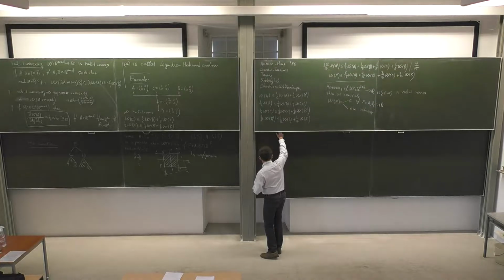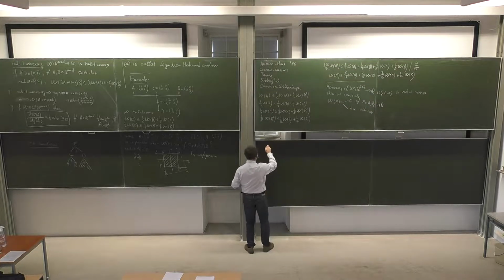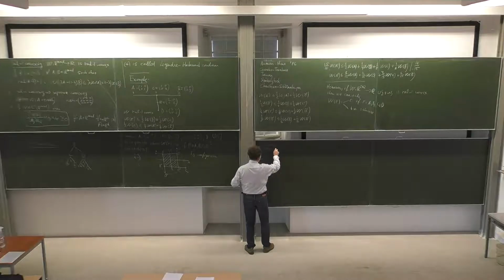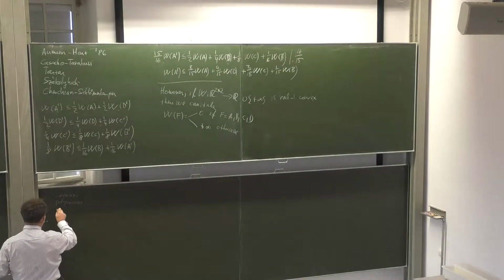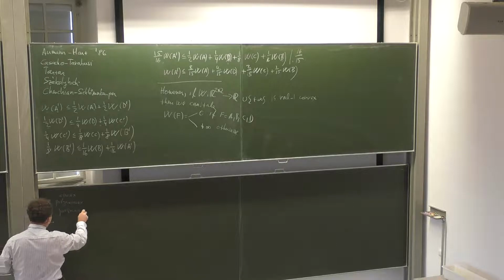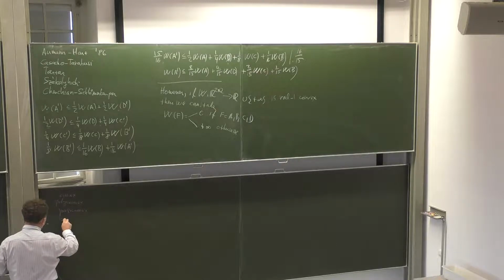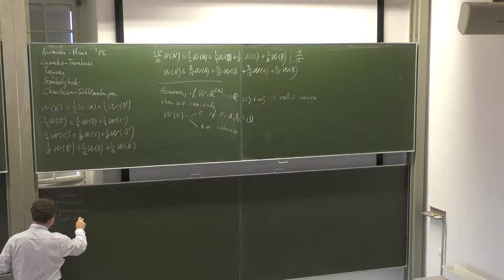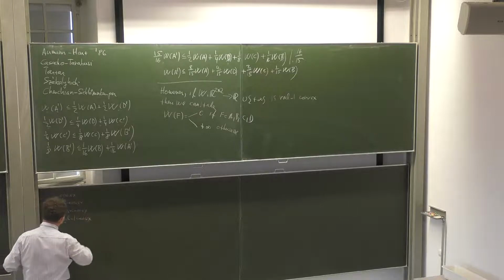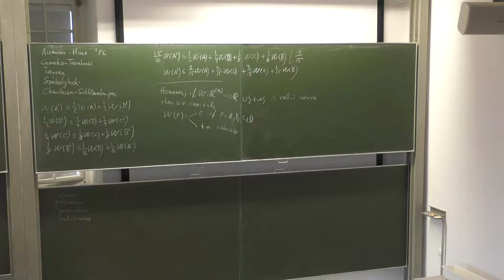So all notions we had up to now, so we have convex functions, we have polyconvex functions, and we have quasi-convex, and we also have rank 1 convex. Then all these are cones of functions.